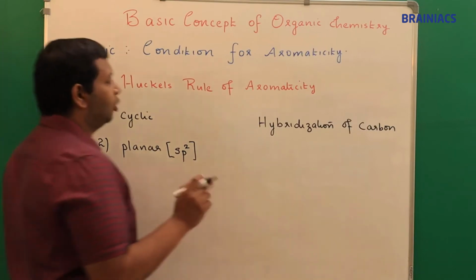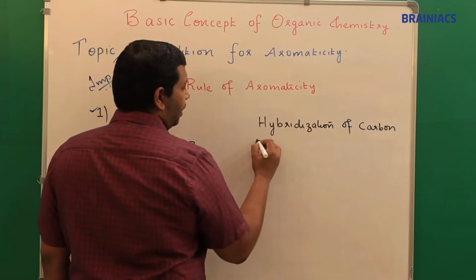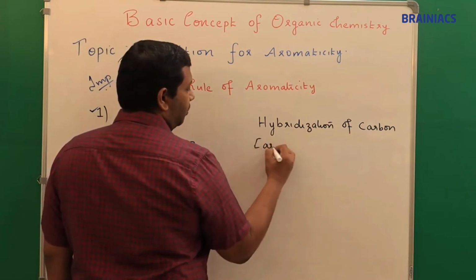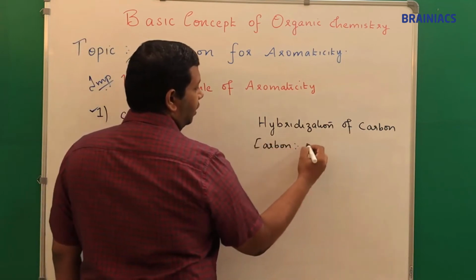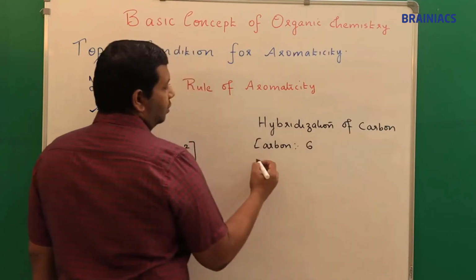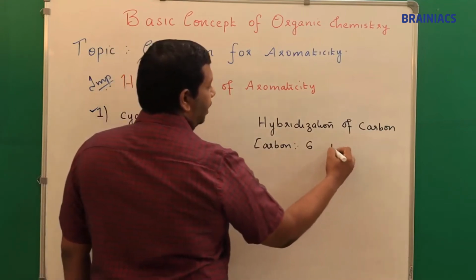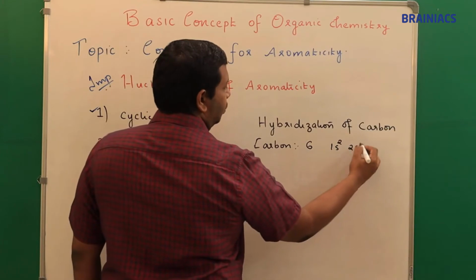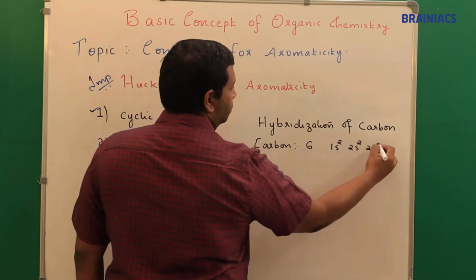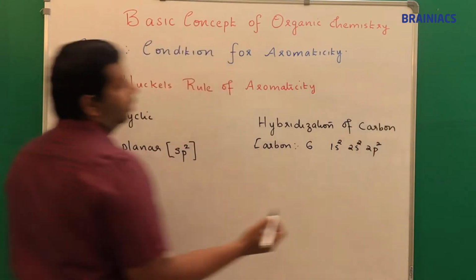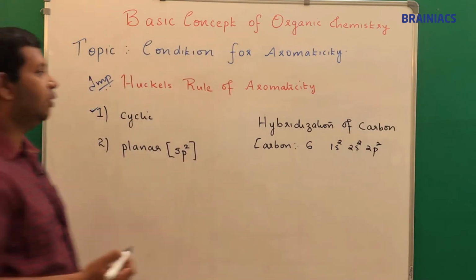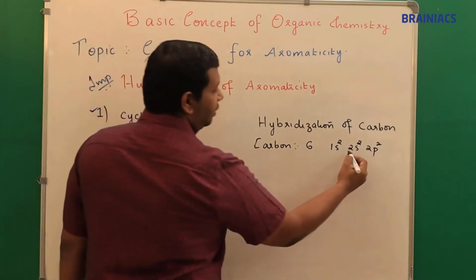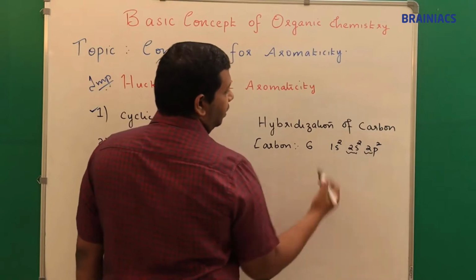Now what is the atomic number of carbon? Carbon's atomic number is 6. So what is the configuration? 1s2, 2s2, 2p2. Correct? Now which is the valence shell? The second shell.